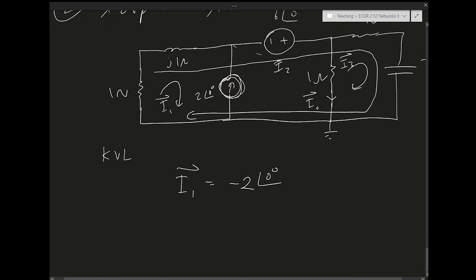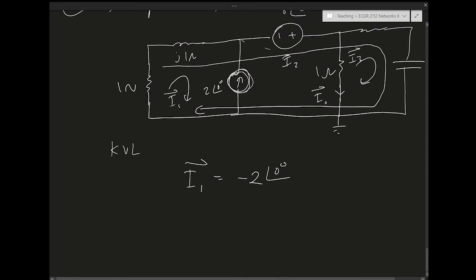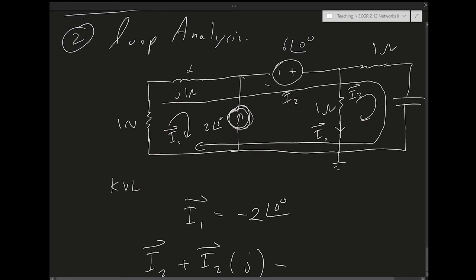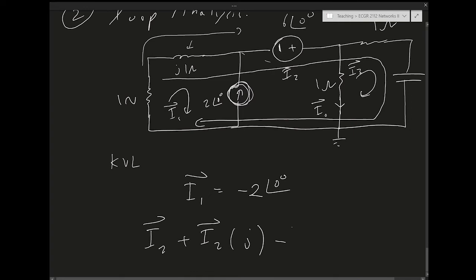That's all. And then for I2, we have to apply KVL. So I2 is going to be I2 times 1, we start with this resistor, and then plus I2 times j, which is this inductance, right? And then minus, so I'm moving along the loop, when I encounter the voltage source, I see the minus first. So I put a minus 6, 0 degrees.